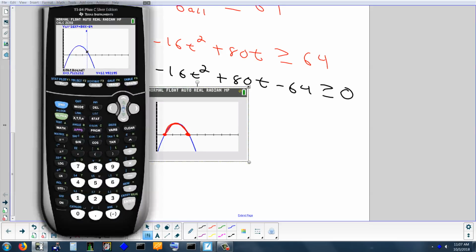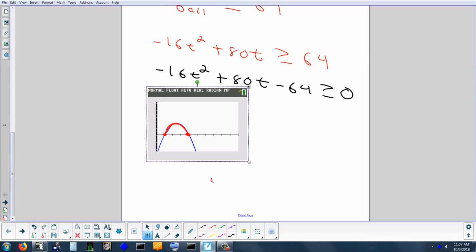If someone else can do the one on the left, that'll help me out. So pick a point on the left, pick a point on the right, do a guess, and we get 4 seconds. So at 4 seconds, the object is exactly back at 64 feet. And that's on the way down.